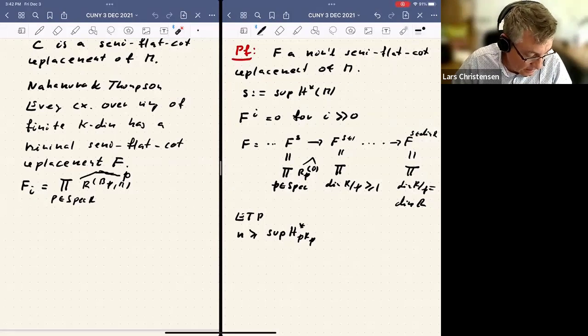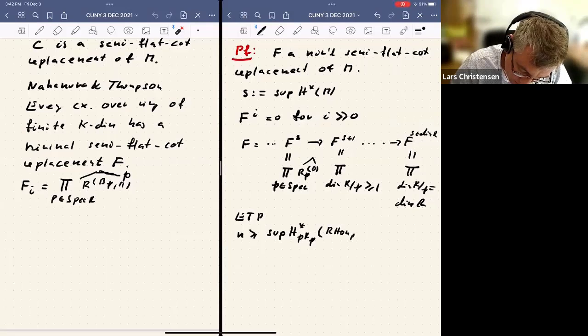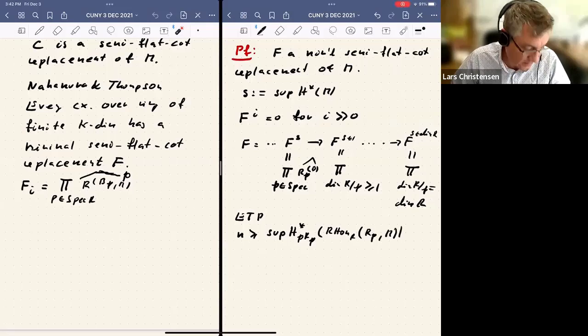I can use that as long as I can prove that my N is greater than or equal to the extent of the local cohomology of the co-localization at p.